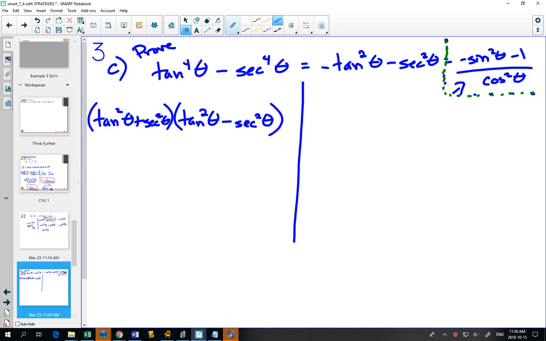I can get tan squared minus secant squared by rearranging things. If I get tan squared minus secant squared, what would be on the other side if I moved things? Minus 1. So there is our next step. Tan squared minus secant squared is minus 1.